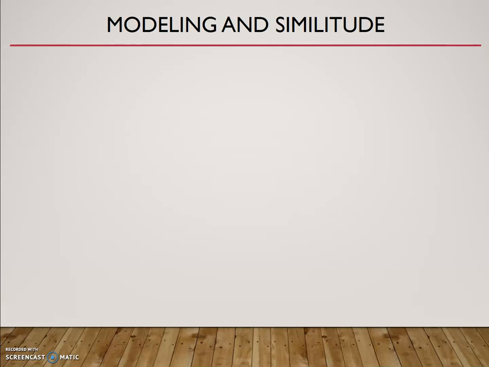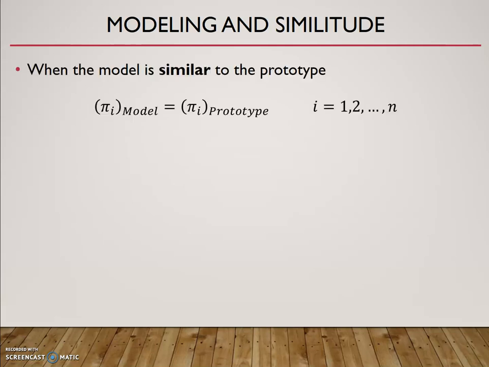In general terms, similarity is the state, fact or behavior of being similar between model and prototype. If we define similarity in a more technical manner in relation to dimensional analysis, if any pi group, or non-dimensional parameter, of a model is equal to that of the prototype, then the prototype has some similarity with the model.